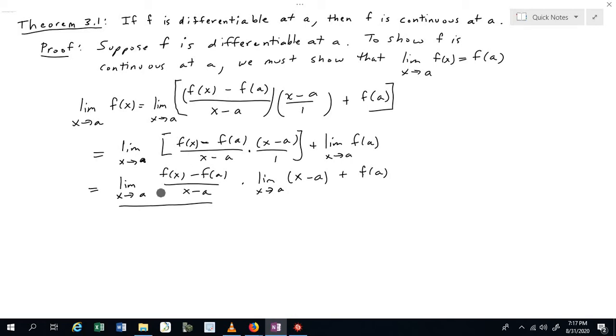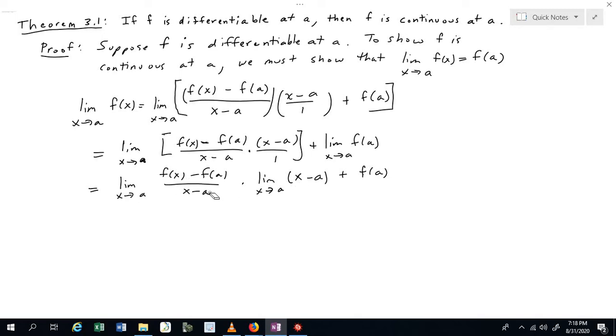If this goes to infinity or negative infinity, then we don't know what this is equal to. But as long as this limit exists and is equal to a finite number, then a finite number times 0 equals 0.